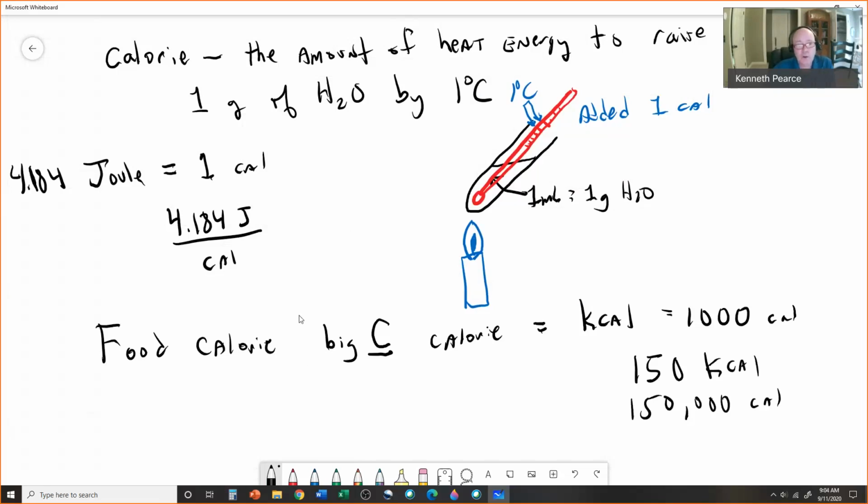Now, it turns out that if you know the grams of fat, and if you know the grams of protein, and if you know the grams of carbohydrates, you can actually calculate the food value or the kilocalories in that item.